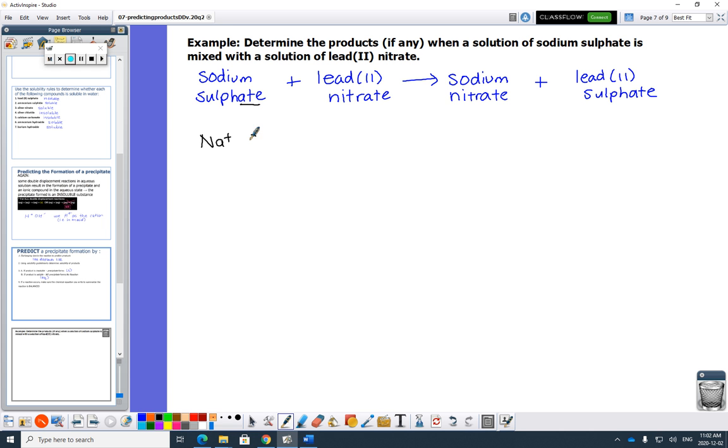Sulfate is one of the ones on the back of the periodic table. Lead, it's using the Roman numerals, not its Latin name, so you know it's a 2. And then nitrate, also on the back of the periodic table.